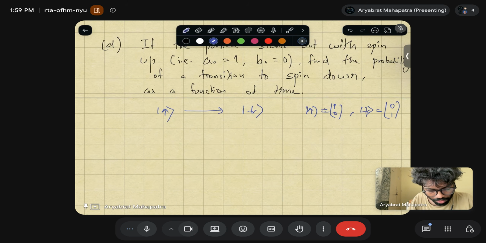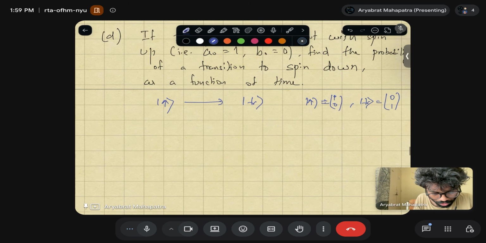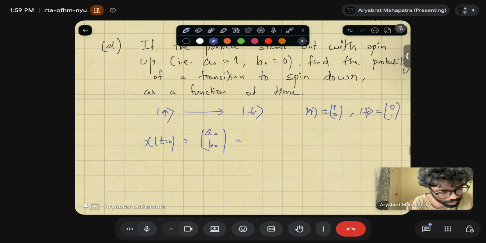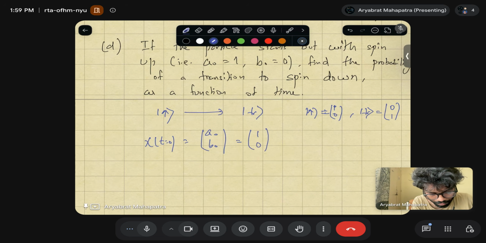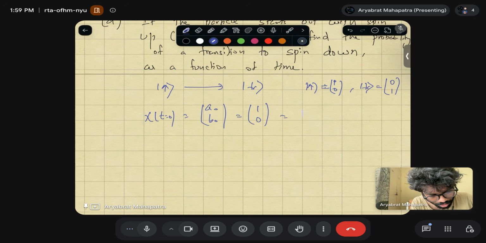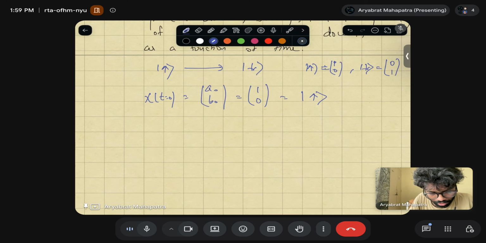At t equals to 0, the spin state would be a0 b0. a0 is already said in the question, it is the up state, 1 0.